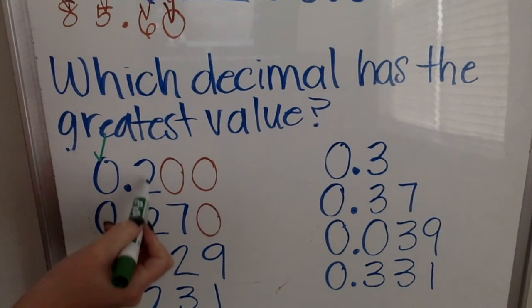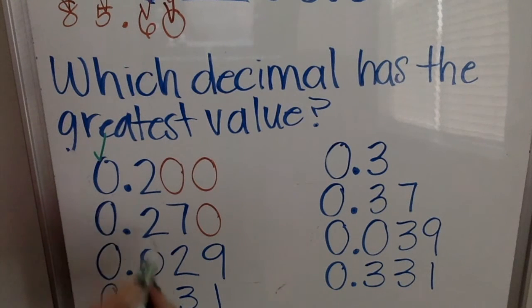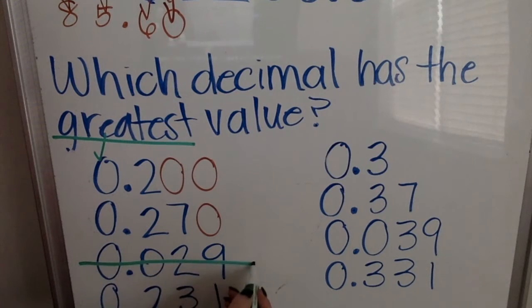In the tenths, I have 2, 2, 0, 2. Well, I'm looking for the greatest value. 0 is not going to be the greatest value, so I can go ahead and mark that number out. Okay? And now I've got to go to my hundredths. I've got a 0, a 7, and a 3. Well, out of those three numbers, 0, 7, and 3, which number is the biggest?